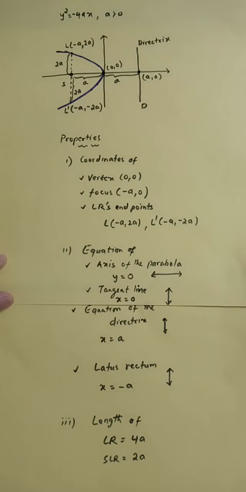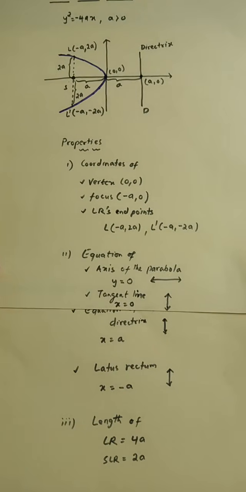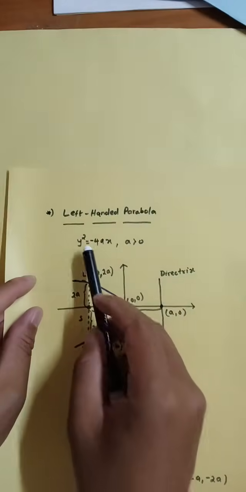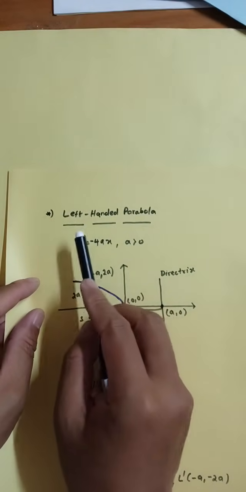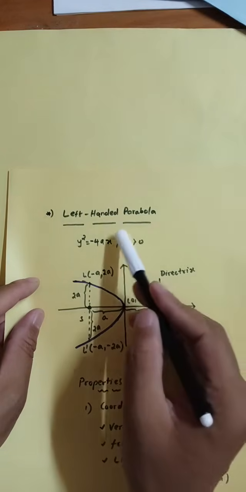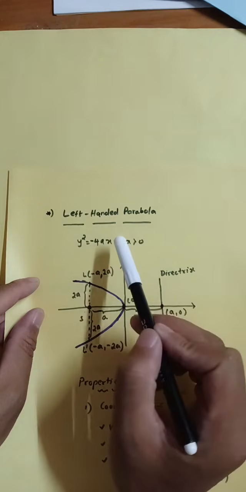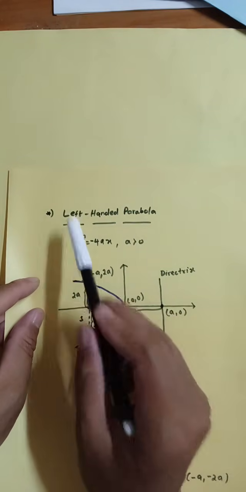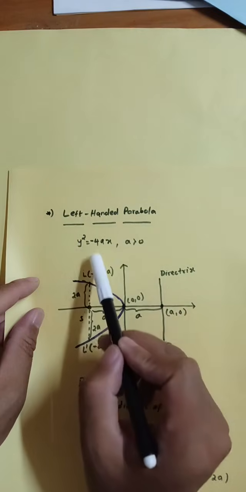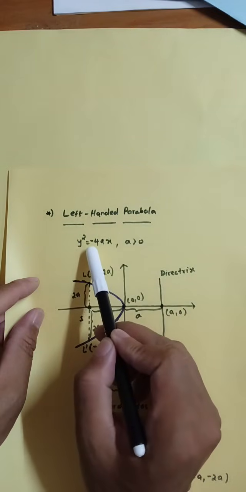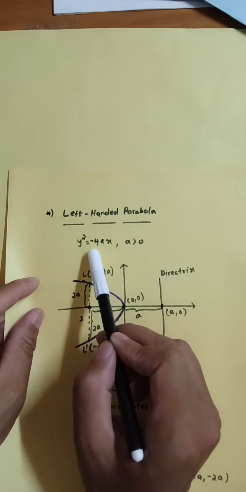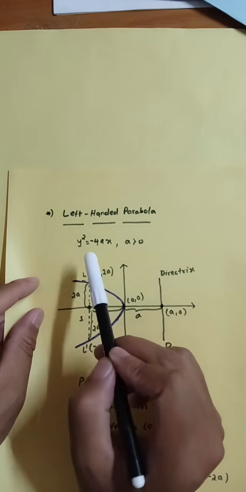So first find the value of a. For a left-handed parabola, y has the power 2 and x has the power 1. For a right-handed parabola also, y has the power 2 and x has the power 1. The difference is that for a right-handed parabola there is a positive sign in front of 4a, and for a left-handed parabola there is a negative sign in front of 4a.